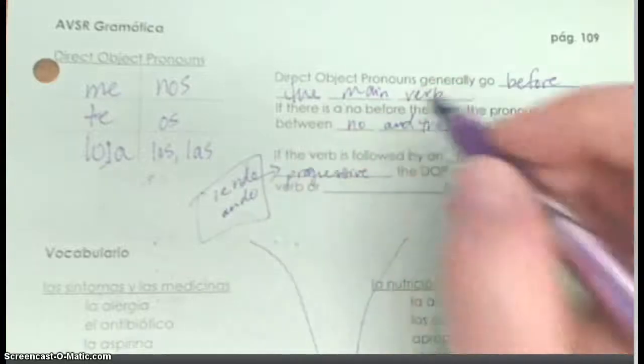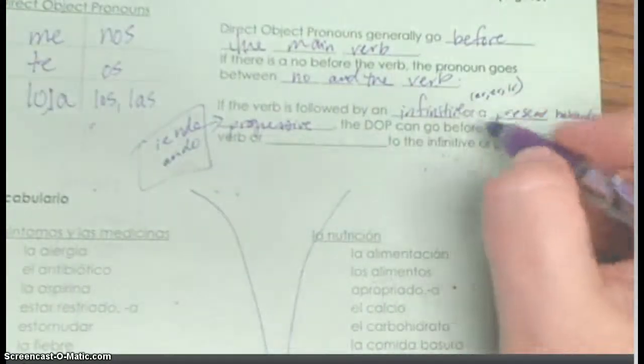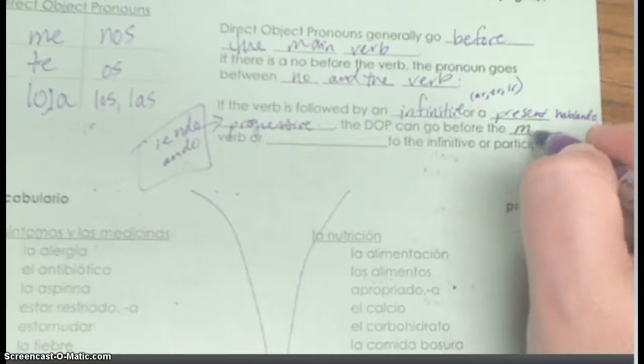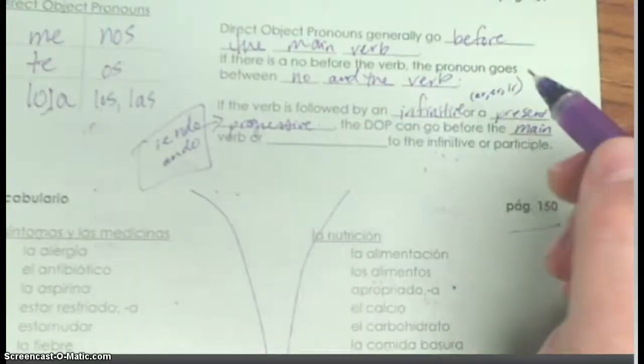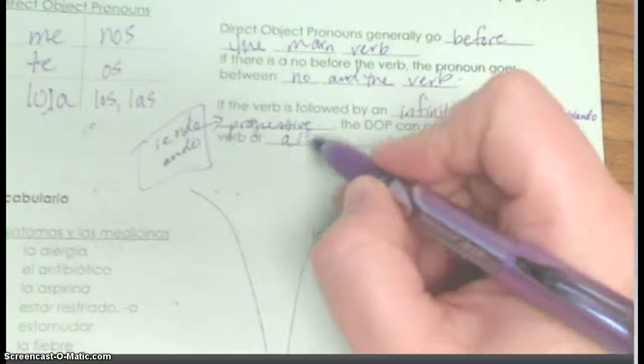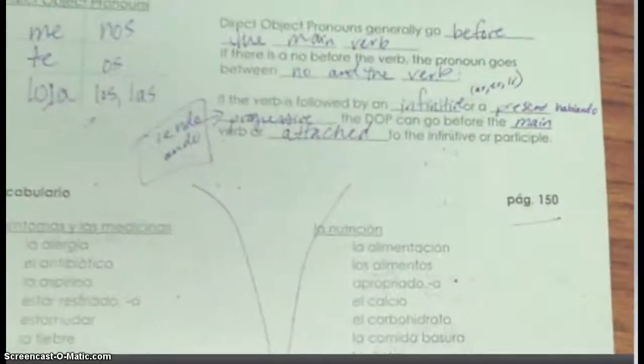That's what those are. The DOP, the direct object pronoun, can go before the main verb or after, or excuse me, attached to the infinitive or the participle.